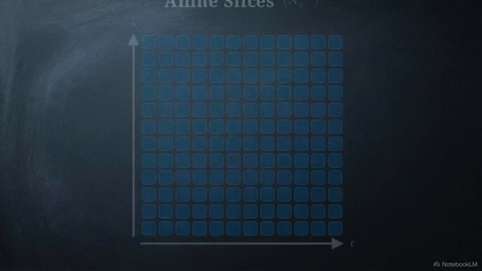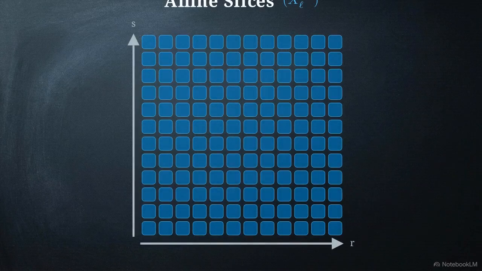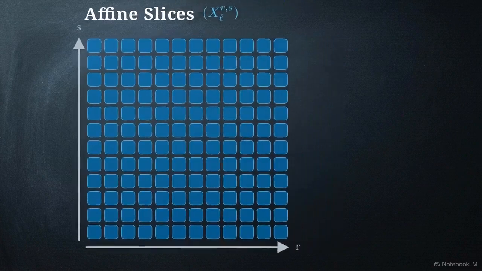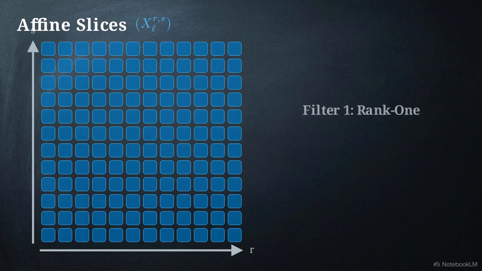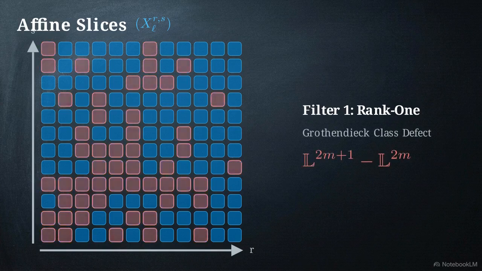Let's visualize the families of affine slices as this massive matrix. We begin the exclusionary process by looking at the slices associated with the rank 1 functionals. Every slice in the rank 1 case is blocked by a precisely computed Grothendieck class defect, exactly L to the power of 2m plus 1 minus L to the power of 2m. That knocks out our first major group of candidates.